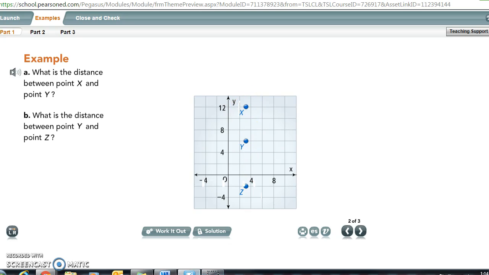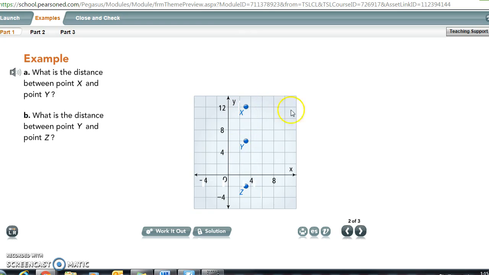That's really helpful for us because what we can do is take this and say, okay, well, if Y is going to be at 3, 6, and X is at 3, 12, well, I know they're in a straight line, so I don't really need to think about that 3.